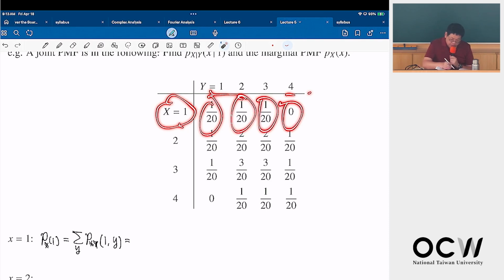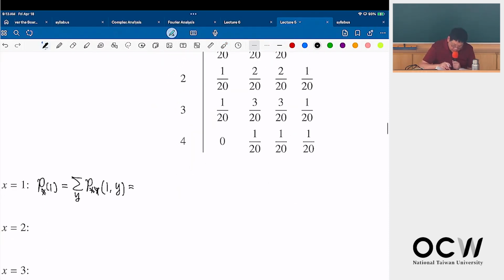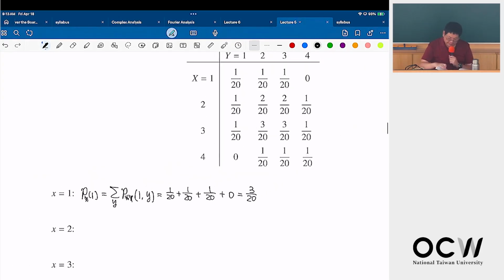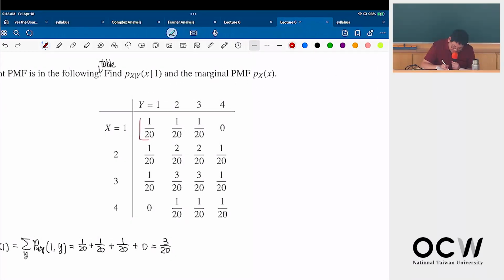So here I have 1 over 20 plus 1 over 20 plus 1 over 20 plus 0, and you get 3 over 20. This is px of 1, 3 over 20.